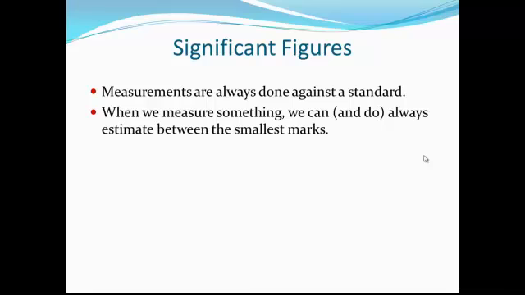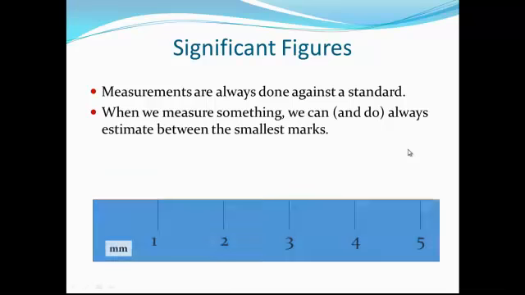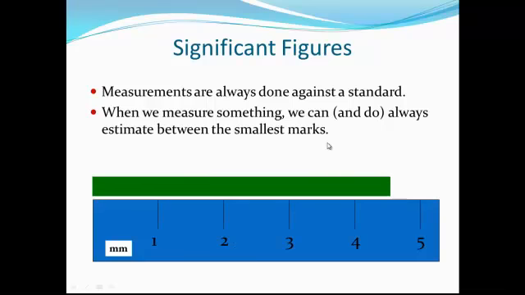This estimate is always between the smallest marks. As shown here, for example, if you have a ruler in units of millimeters, which means between 1 and 2 are millimeters. And then you have an object represented here as the green shaded rectangle, and you want to measure the length of this object.